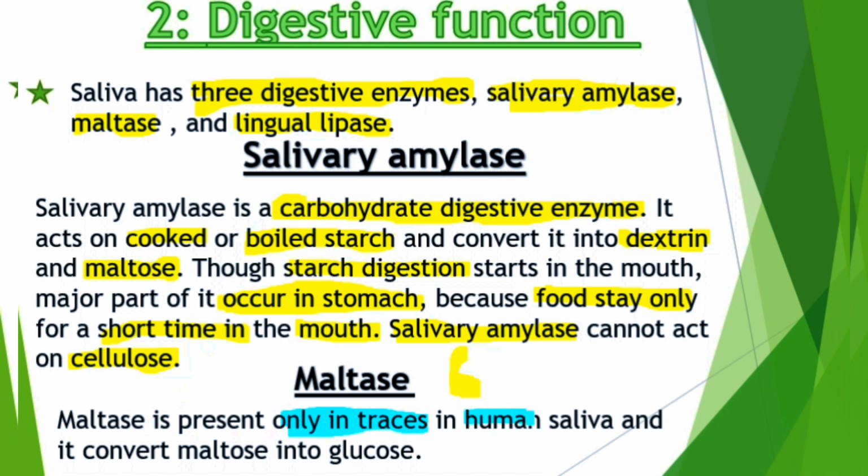What is the function of maltase? Though present in trace amounts, it converts maltose, which is a disaccharide, into a monosaccharide, glucose. So this is the basic function of the maltase enzyme: it converts maltose into glucose.